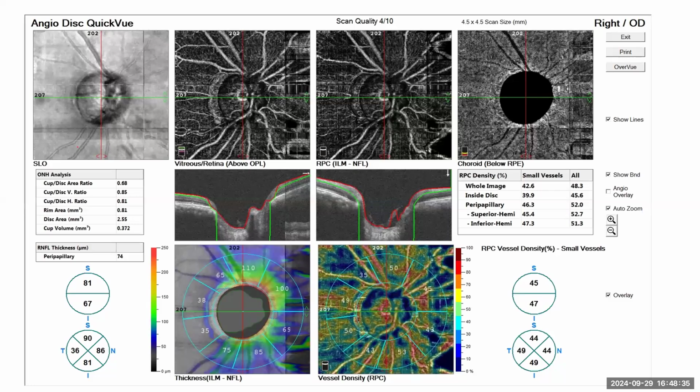The next scan is the scan of interest. This you can see is RPC, ILM to nerve fiber layer, because the capillaries, the RPCs, are embedded in the nerve fiber layer. This scan is not so clear, and that reflects the quality of the scan.